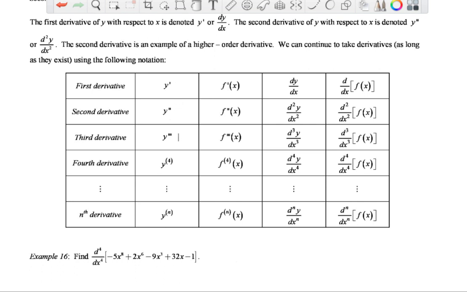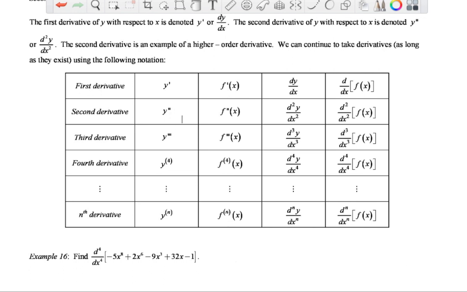So we have y prime, y double prime, y triple prime. Now the second derivative is a derivative of the first derivative. The third derivative is the derivative of the second derivative, or you could say it is the derivative of the derivative of the derivative. So you could keep on going in this way.